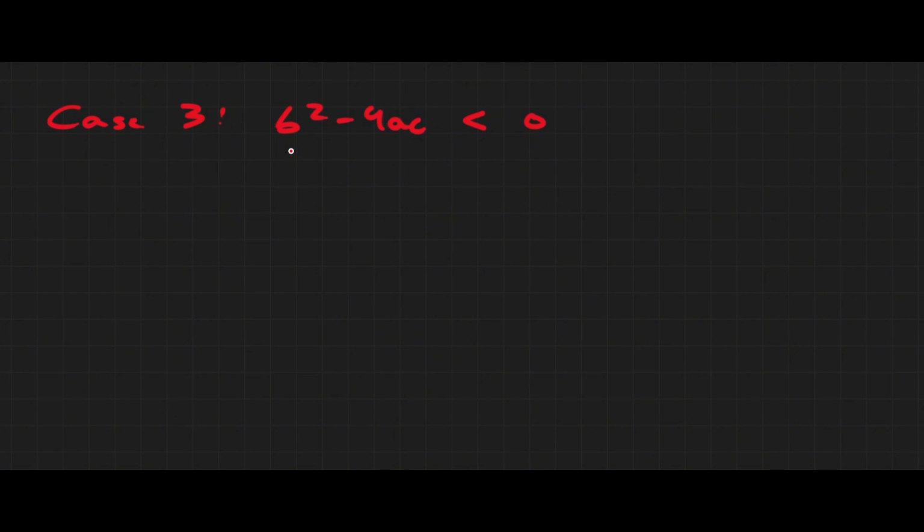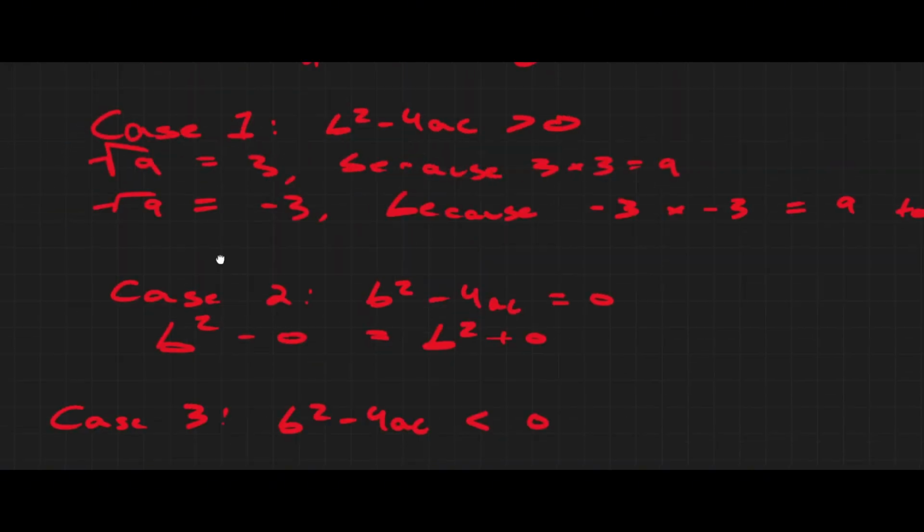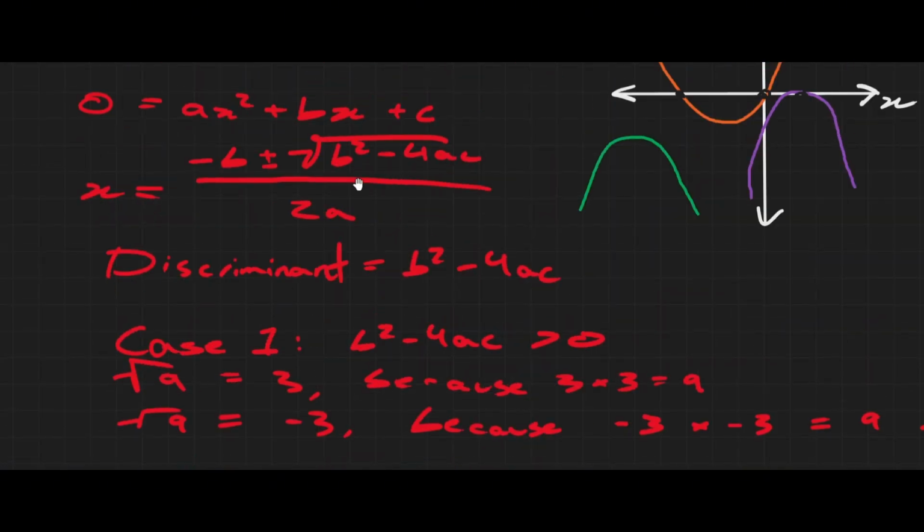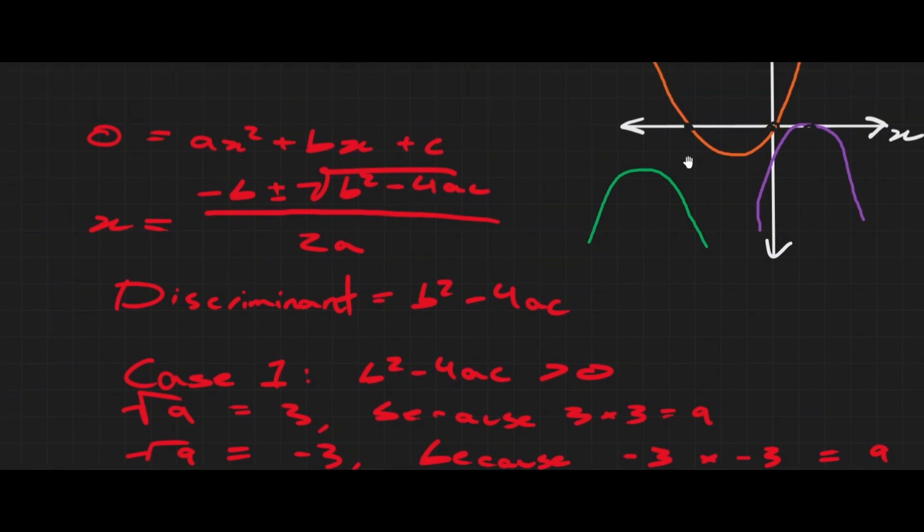There will never be a real number that, when squared, gives a negative number, right? So when we take the square root of a negative number, yes, we get some complex solutions, but there'll never actually be a real solution, which is why when we take a square root of a negative number, it will correspond with this green parabola right here. It will never intercept the x-axis once. There will be no roots.